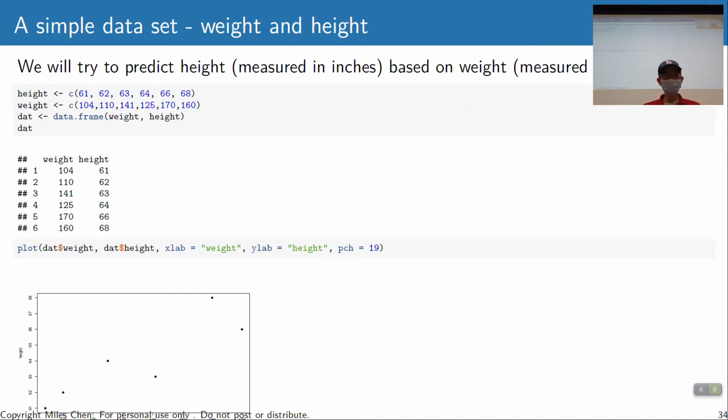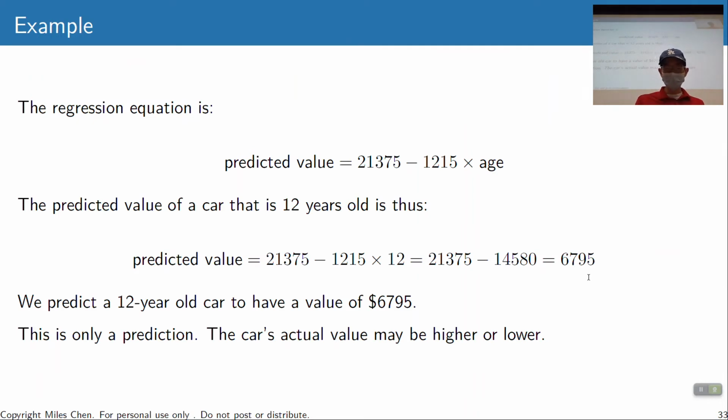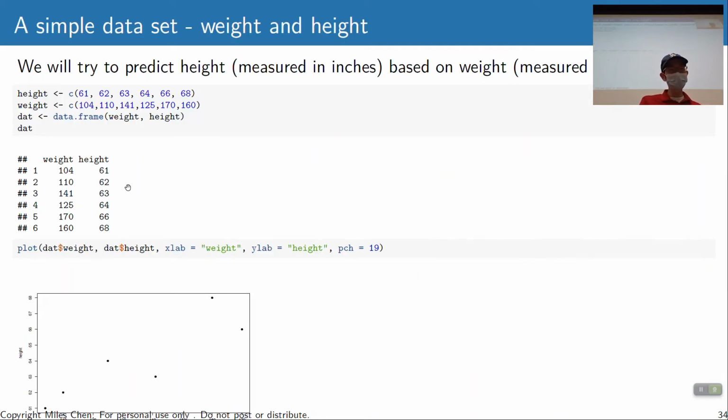So here is a simple data set. Let's try this out. I only have 6 people, and we have their weight and their height. We're going to use weight on the x-axis and height on the y-axis. So we plug in someone's weight and, based on it, predict their height.